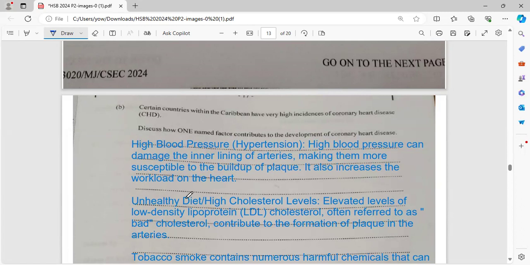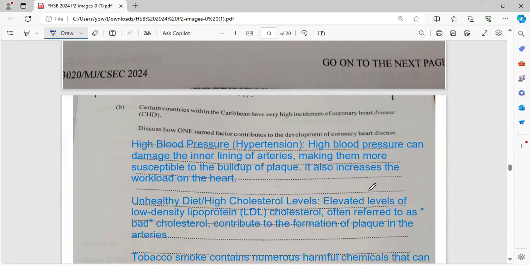Next one, you have unhealthy diet. An unhealthy diet could be high in fat, or what we call bad fat, which is low density lipoprotein. They have good and bad lipoproteins in essence. Bad is low density lipoprotein, good is high density lipoprotein.